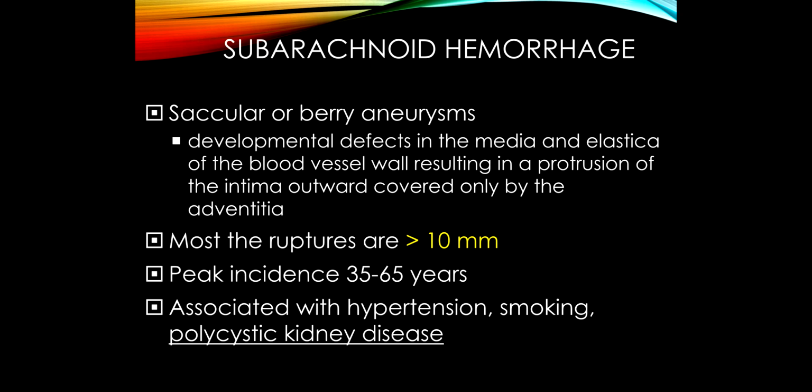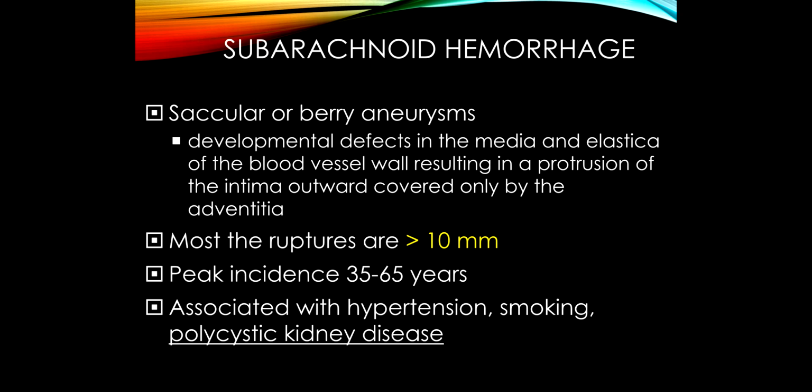So someone has an MRI scan, let's say, for whatever reason, and we find an incidental aneurysm. Well, we become especially concerned when the size of the aneurysm is more than 10 millimeters. Okay, so when we're seeing that, now we're more concerned that this may rupture. So when we find an aneurysm, we do imaging periodically to follow the aneurysm and see if it's enlarging.